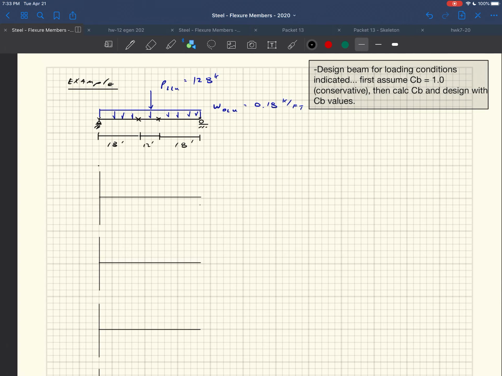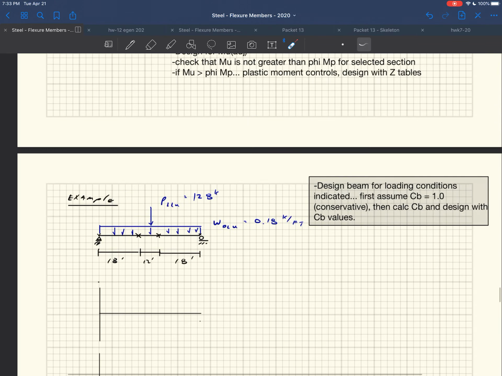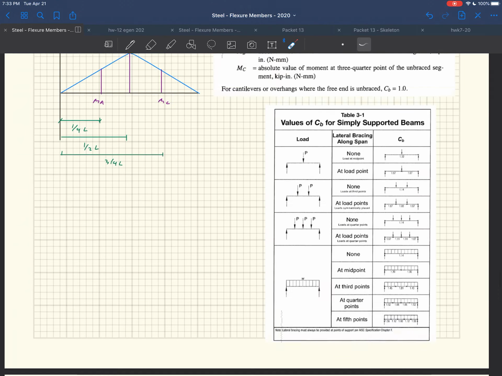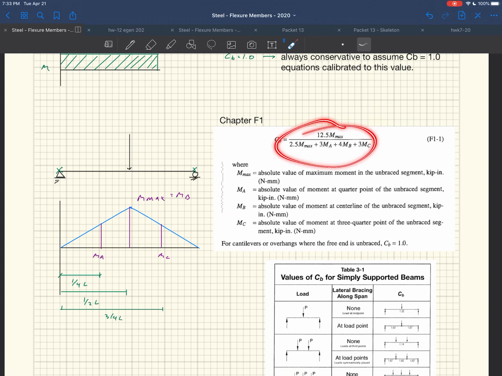So to calculate CB a little bit later, we obviously need to know what the demands are. We need to know what MU and VU are for this, because that's going to play into the design. But we also need to come up with an equation for the moment as a function of x. The reason is that CB is going to be a function of what your moments are along the length of this thing.